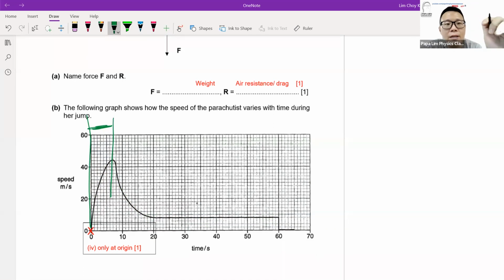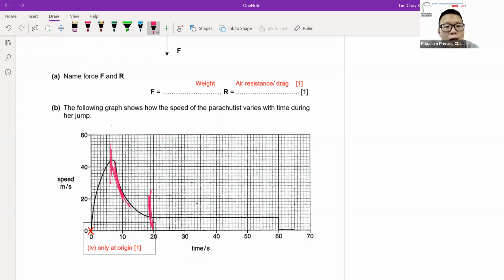Okay. Then after that, what happened is in the second phase, there's a phase here whereby suddenly the speed starts to drop, until 20 seconds, whereby the speed will be the lowest. Now, the moment the speed starts to drop, why does speed start to drop in the middle of the sky when you are actually dropping down so fast? There's only one reason.